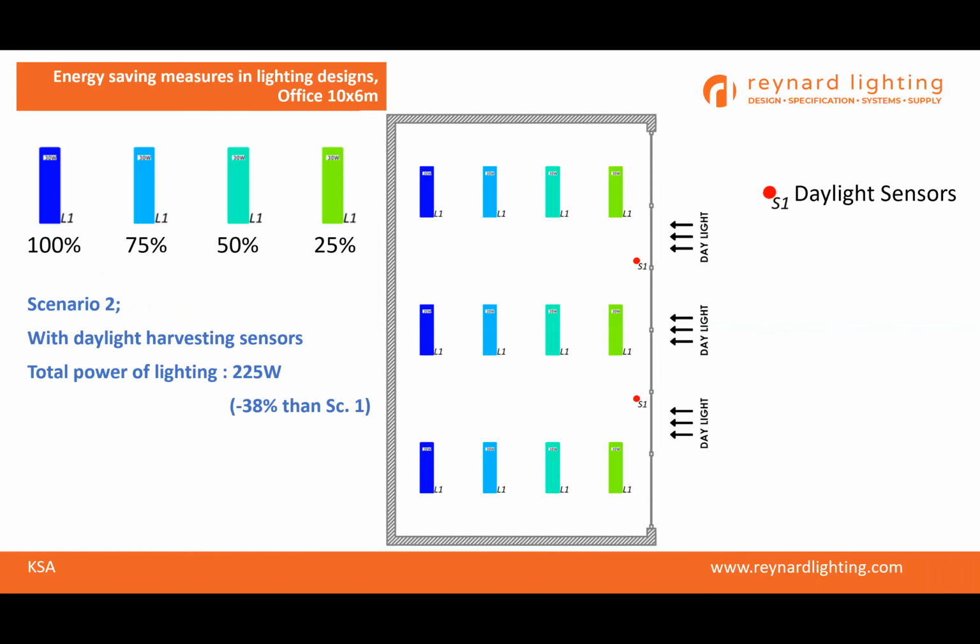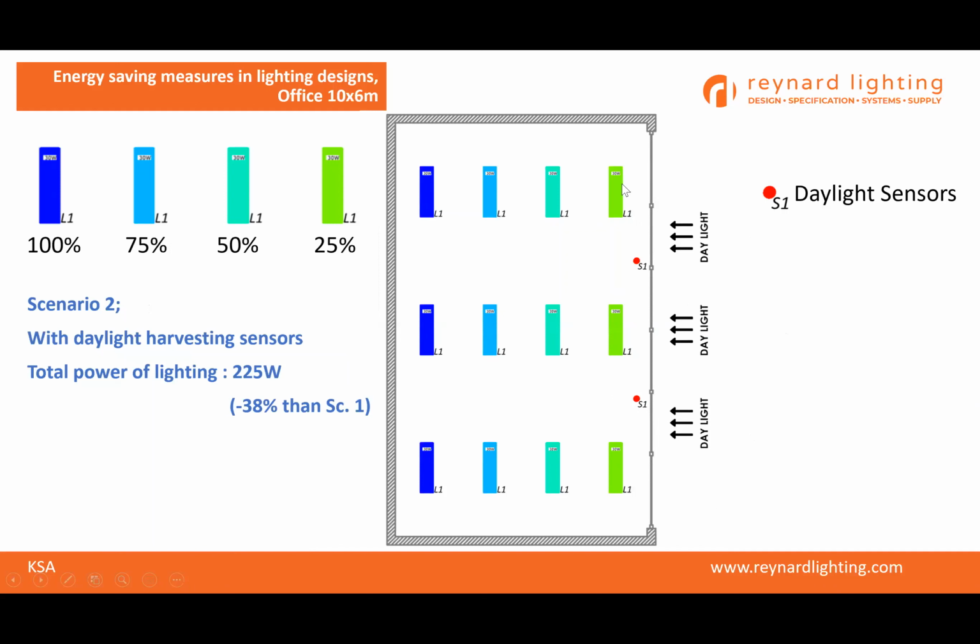So the total power of this scenario, the base case, is 360 watts. Now, in this scenario, I will be considering implementation of daylight sensors. We can see the red dots here, and they are installed very close to the glass windows. I have 4 rows of luminaires here.